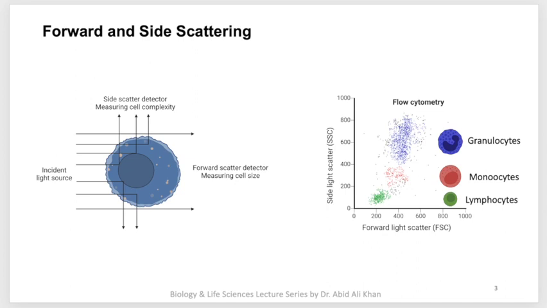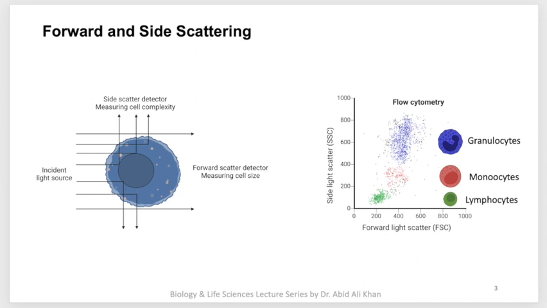They also have a little more internal complexity. All the immunology experts would know this. That's why they are appearing a bit higher on the scale on the side scatter. So on the y-axis we have the side scatter, and on the x-axis we have the forward scatter. Granulocytes, for example eosinophils and basophils, all have a lot of internal complexity, and they are also relatively larger in size.